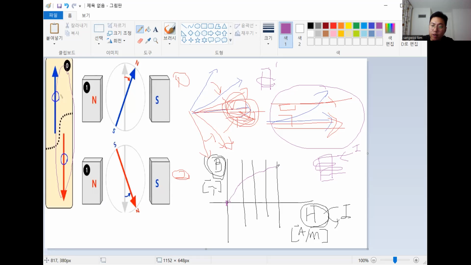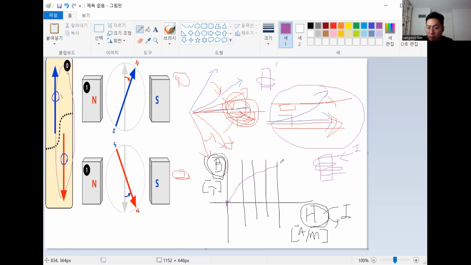Look at that. If I input more current, the magnetic flux density is also going to increase.